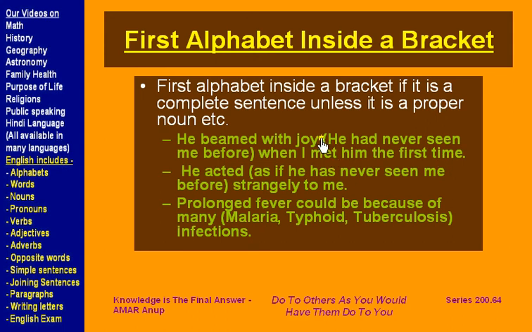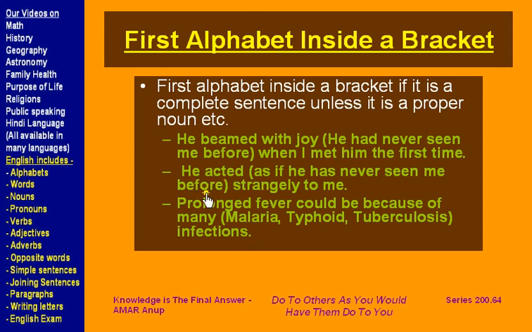If there is a complete sentence inside the bracket, then we capitalize the first alphabet, as here. He had never seen me before is a complete sentence, so we capitalized H here. So the first alphabet inside a bracket, if it's a complete sentence, unless it's a proper noun, is capitalized.